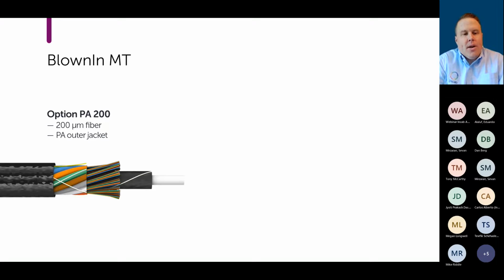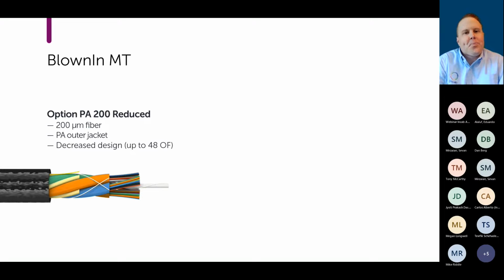Now, if we wanted to continue to drop our diameter of the cable, what we can do here is combine a PA jacket, but go down to a 200 micron fiber. That's going to drop our buffer tube size, and paired with our PA jacket, which is a thinner jacket, we're still just continuing to shrink the outer diameter of our cable.